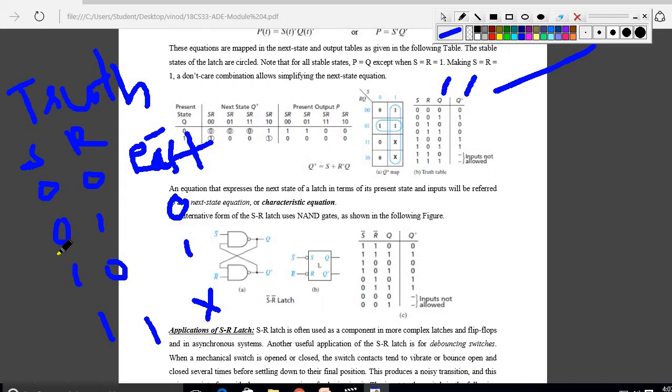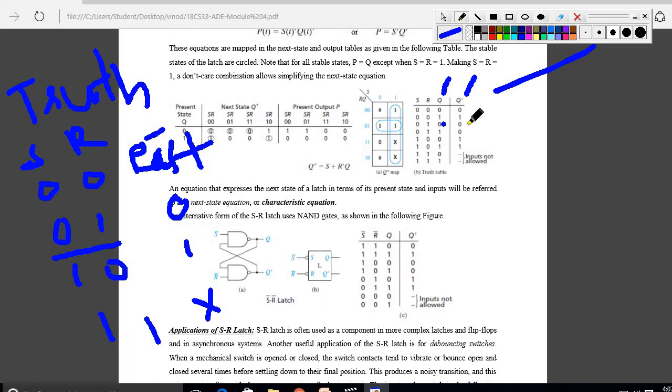In the second condition, 0 1, the past value is 0. Here in the output I can't write the past value as my present value, because according to the truth table, when S and R are 0 and 1 the output should be 0, because reset means 0.